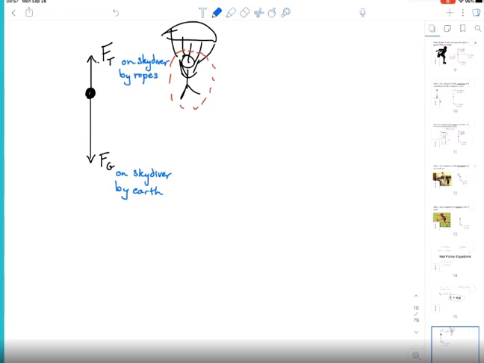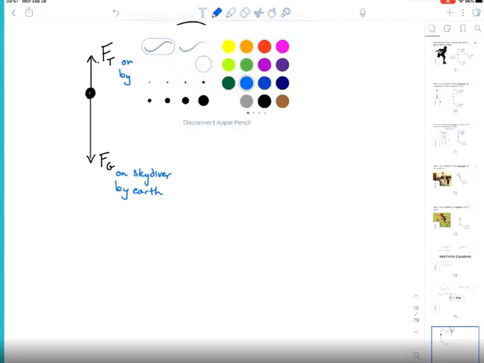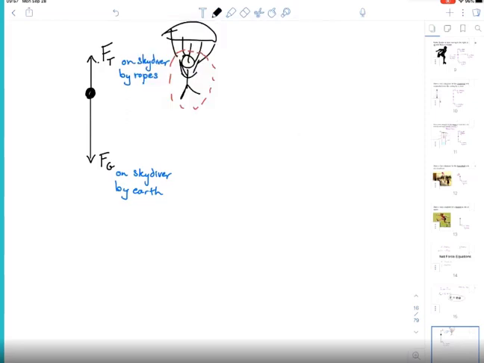Okay, so where these net force equations come in is that I need to account not only for the forces that are acting on him, but all the forces that are acting on him. So I'm going to add up all of the forces. So that's what this symbol means. This is the sum of the forces in the y direction.